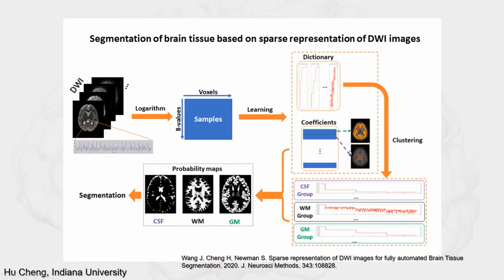Then we compute the coefficient of each atom for each voxel. Then using a voting mechanism, we determine which class the voxel belongs to, or the probability of belonging to a class. Then the segmentation is realized.